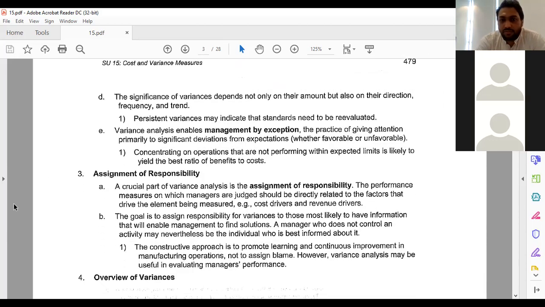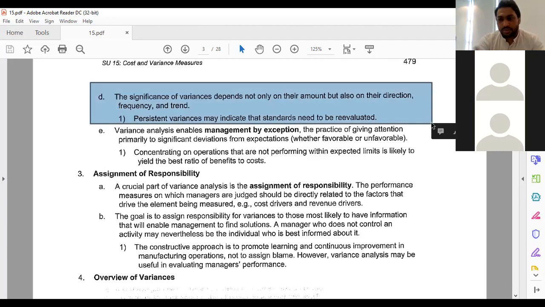Next, the significance of variance depends not only on the amount, but also on their direction, frequency, and trend. Persistent variance may indicate the standards need to be reevaluated. For example, for monthly sales, you budgeted 20,000 units every month. But in the real case, when you compare the actual figures, you are attaining only 10,000 unit sales every month.